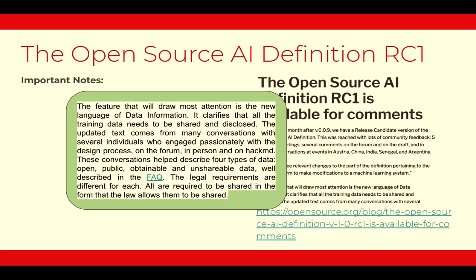And there are problems with any model, any open release of the data that we can talk about. So we'll go through what it says about clarifying that all that training data needs to be shared and disclosed, et cetera. We'll go about that in a few minutes. But the idea is that this is not a cut and dried, clean part of the definition.